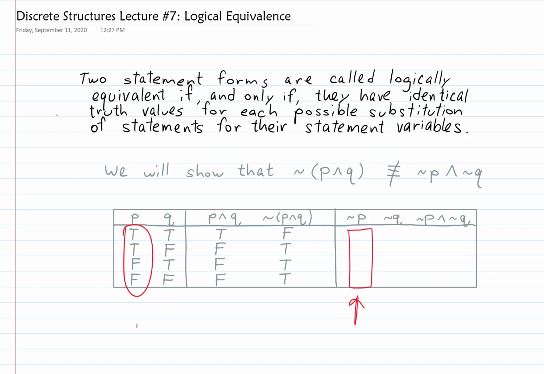This is the negation of this. So when P is true, the negation of P will be false. When P is false, the negation of P will be true.